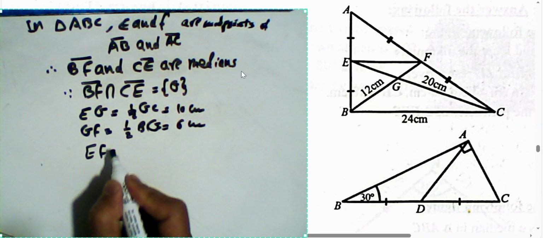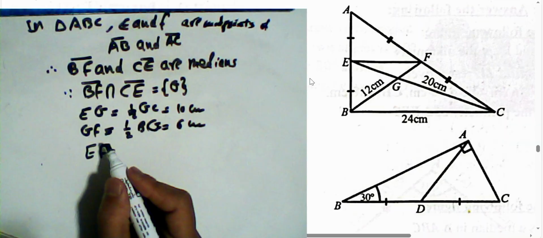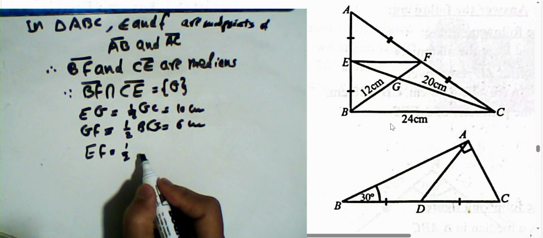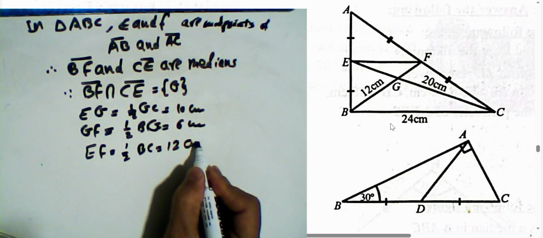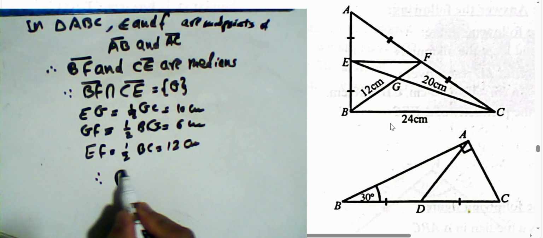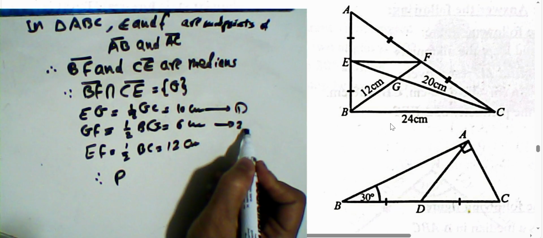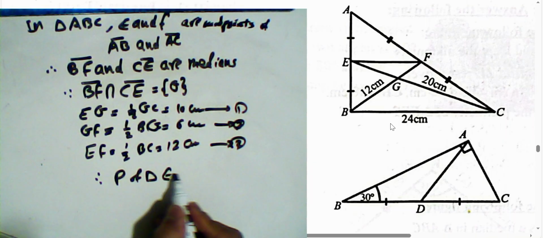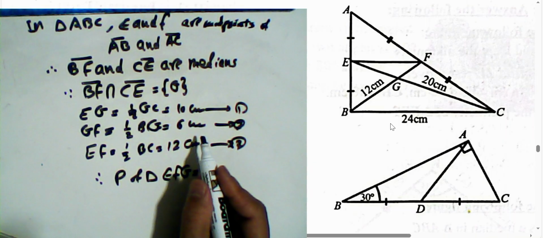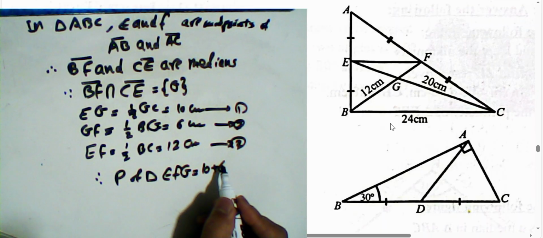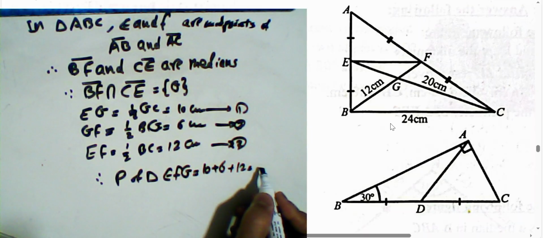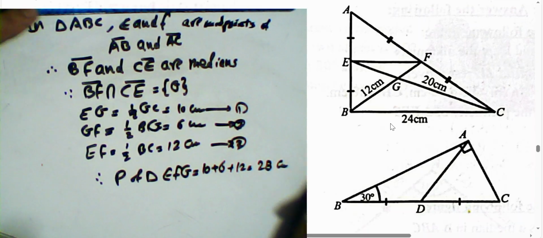EF is a mid-segment. The mid-segment here is half of the opposite side, half of BC, half of 24, which will be 12 centimeters. Then the perimeter of triangle EFG, collecting relations 1, 2 and 3 together, is 10 plus 6 plus 12, which is 28 centimeters.